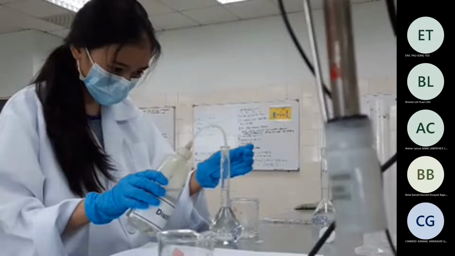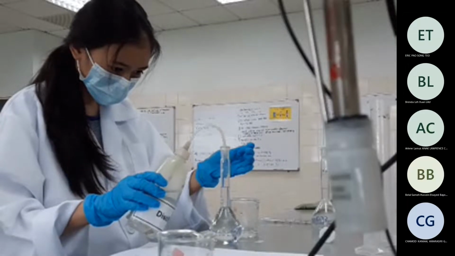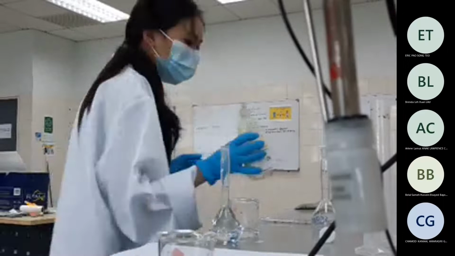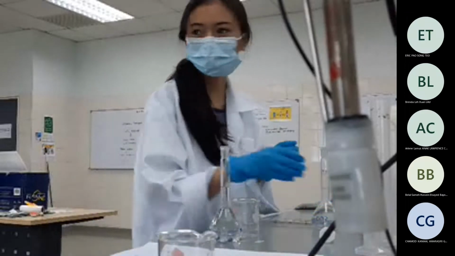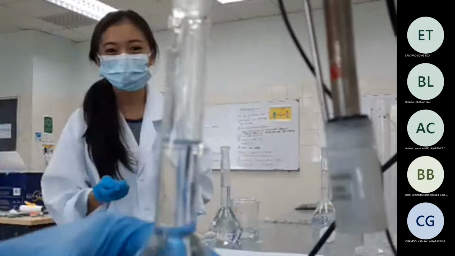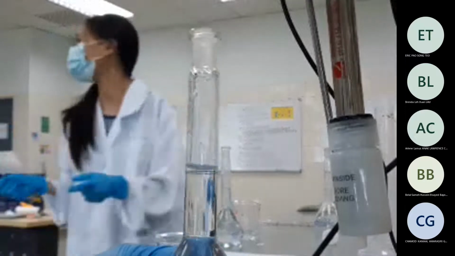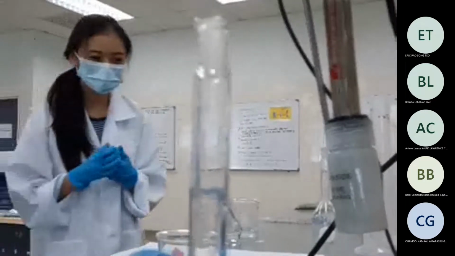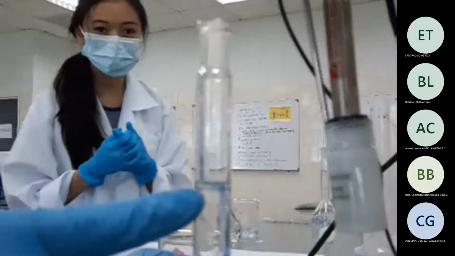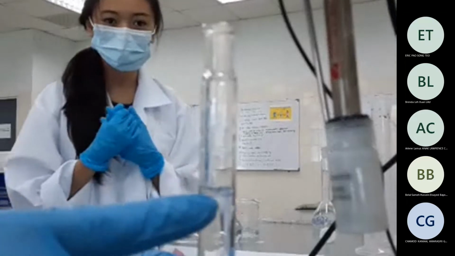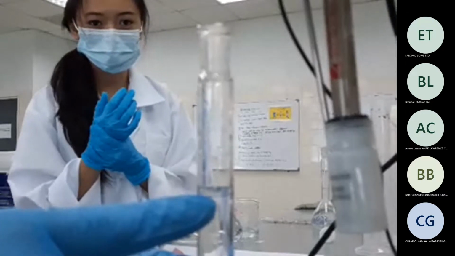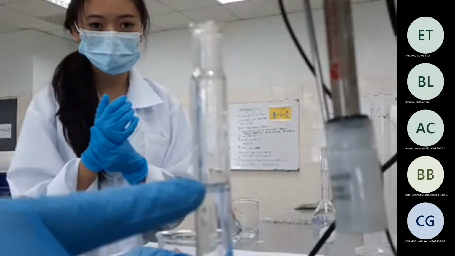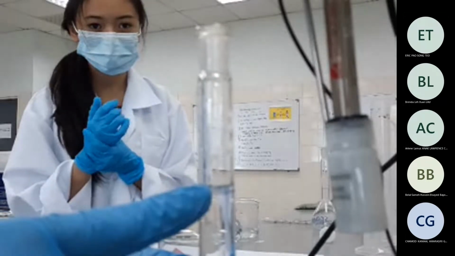Okay, that is a good thing. Come, I'll show you. This is from Lynn. She has to fill up to this mark, but she is a little bit off here.